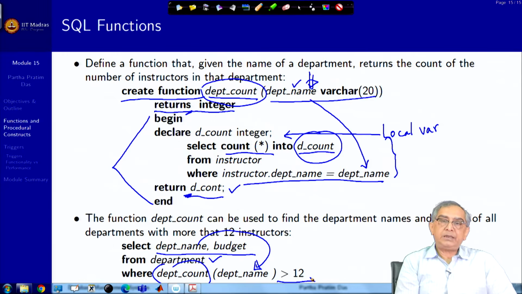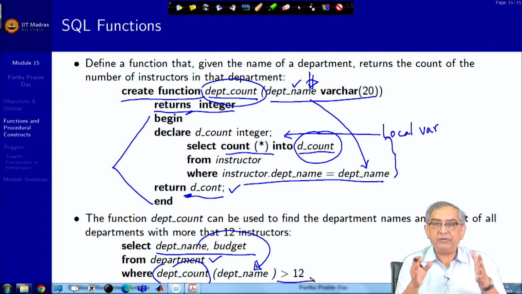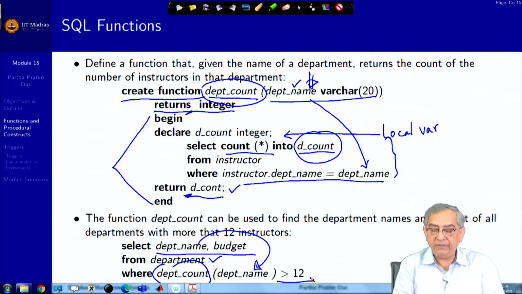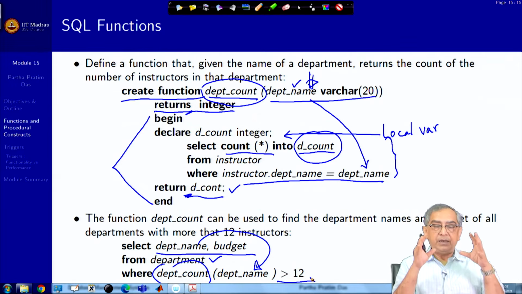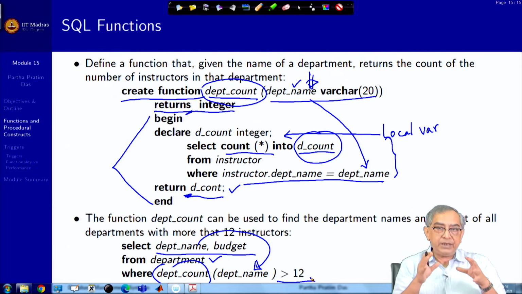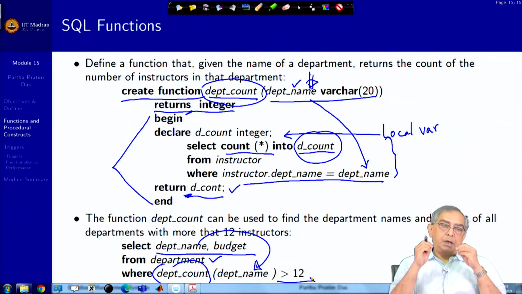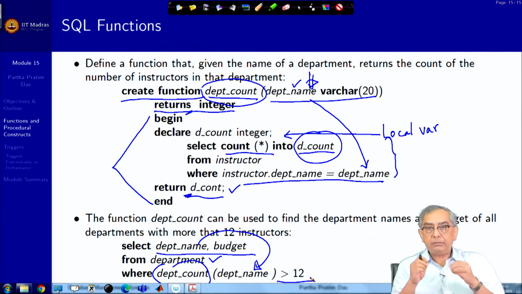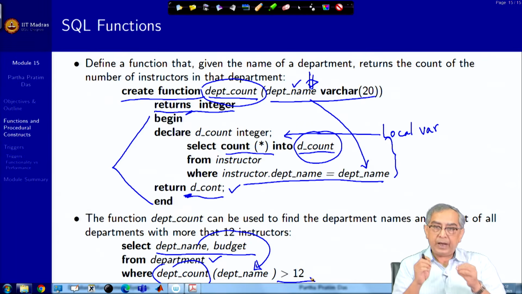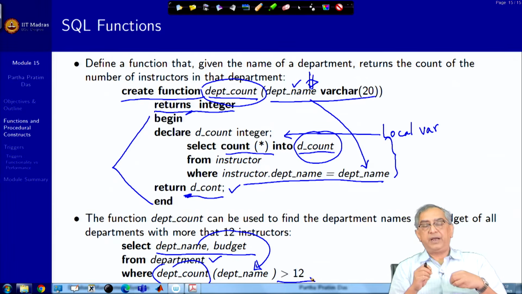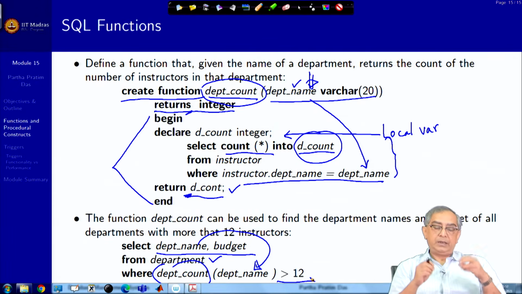So, the catch point is, even the declaration structure I find is very similar to what we do in the imperative language, except for the syntax. But this gives you the basic way you can do data exchange between a procedural variable and the select from where query structure of SQL, and also how you can make use of that computed value in the select from where structure.